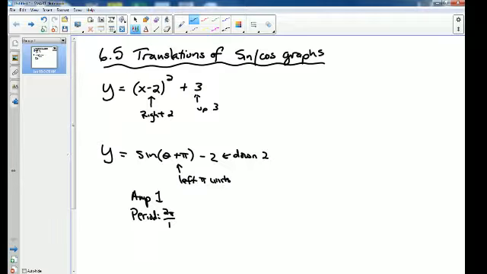The vertical is minus 2, and the horizontal is negative pi, correct? Correct. When it's with the variable grouped inside, remember we're in opposite land there.